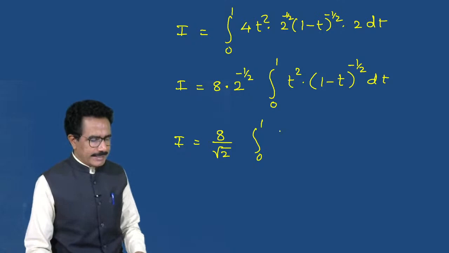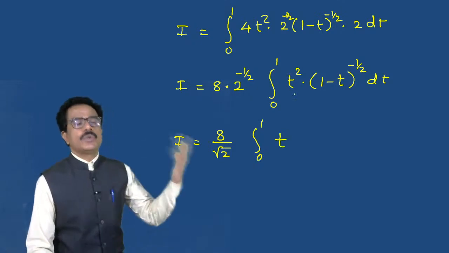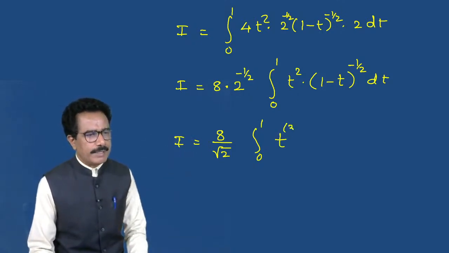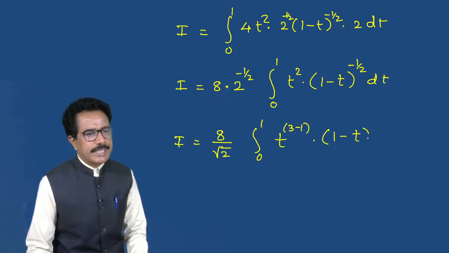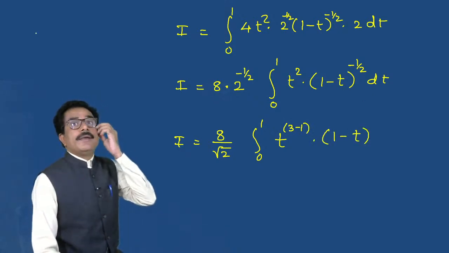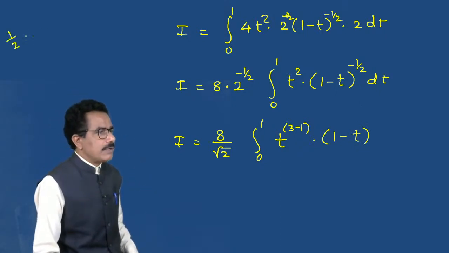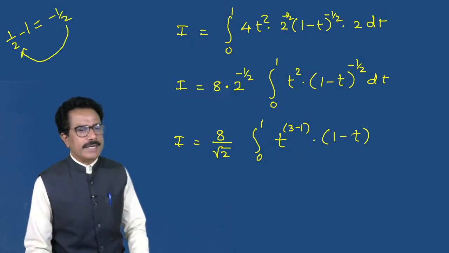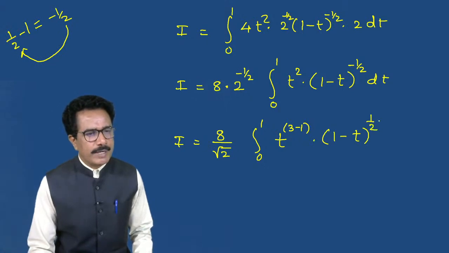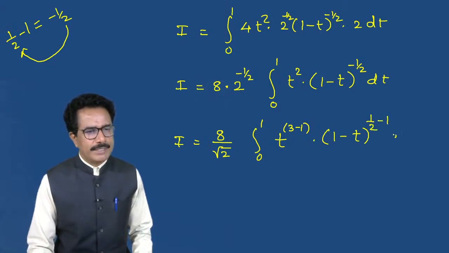We can write this as t raised to 2 means 3 minus 1, into 1 minus t raised to, now see how minus 1 by 2 comes, this 1 by 2 minus 1, we can write minus 1 by 2. That means we can replace this. Minus 1 by 2 means 1 by 2 minus 1 dt.